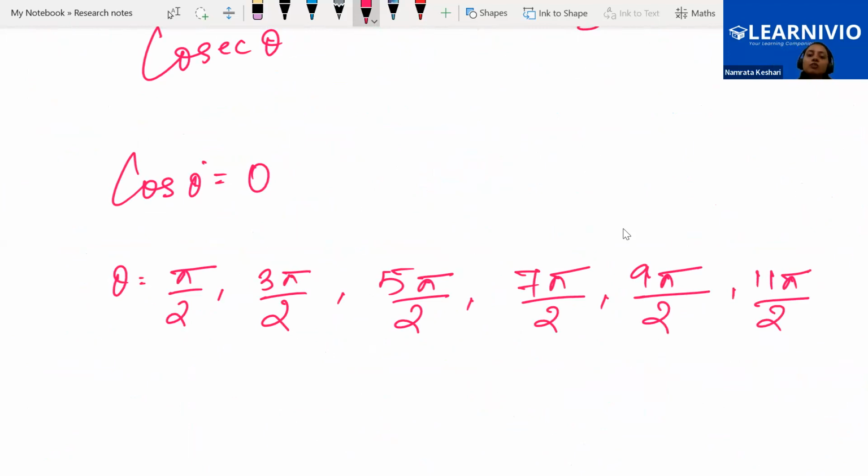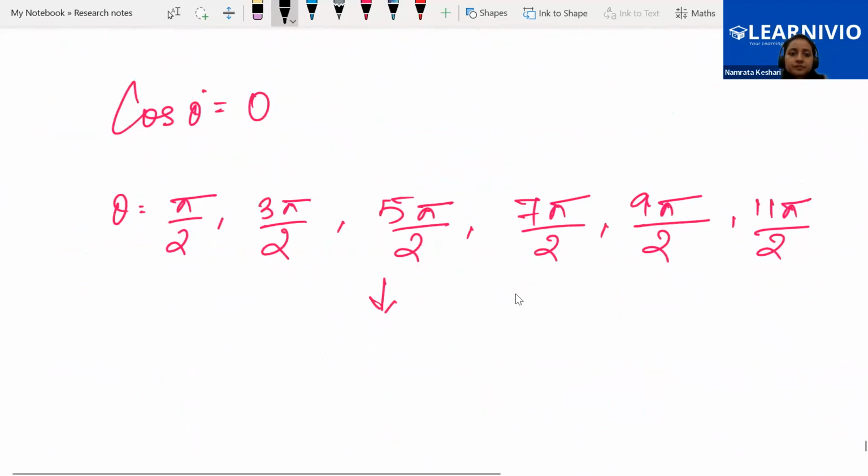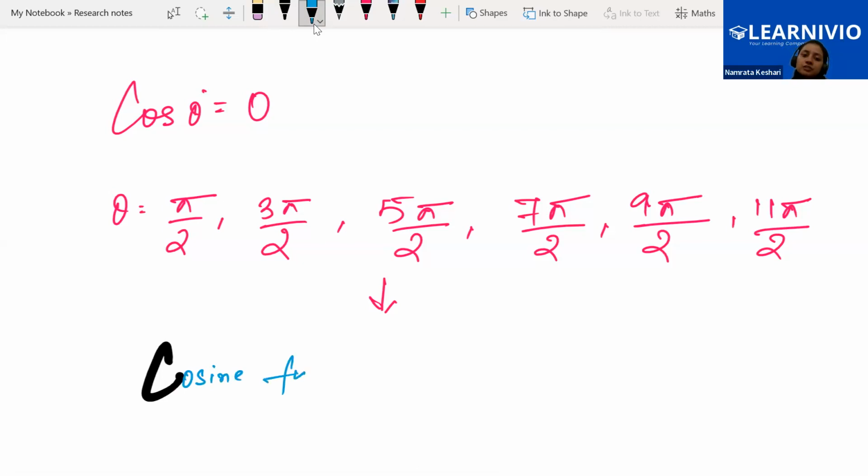Now in general, what can be written? Can you tell me, Ali and Alina? The cosine function is 0 at odd multiples of pi by 2.